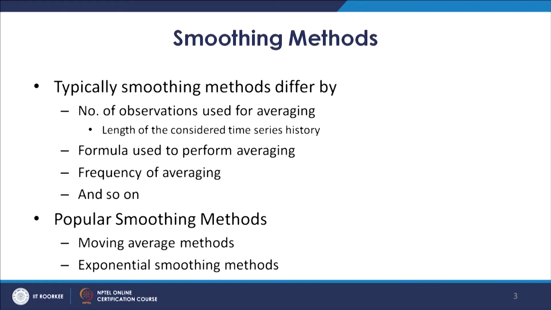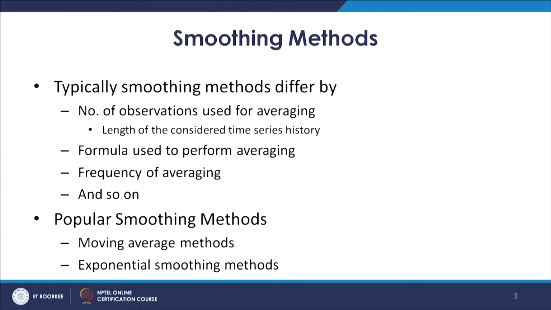Typically smoothing methods differ by the number of observations used for averaging. These smoothing methods are typically used for short term forecasting, because if the time series components change quite often, then short term forecasting is the toughest task to be done in forecasting time series.